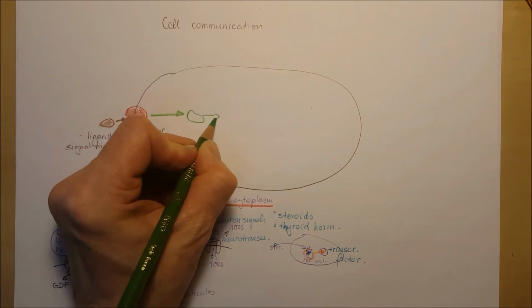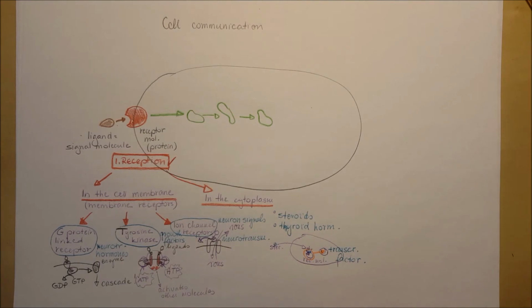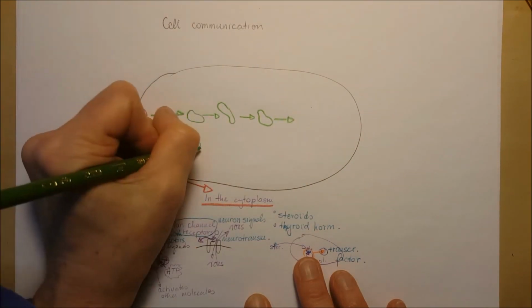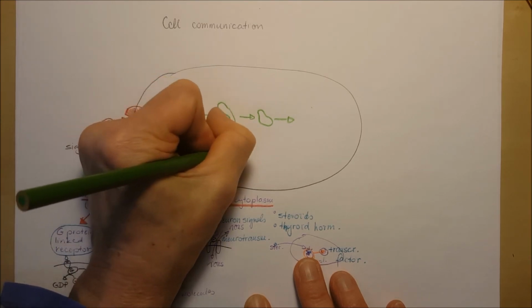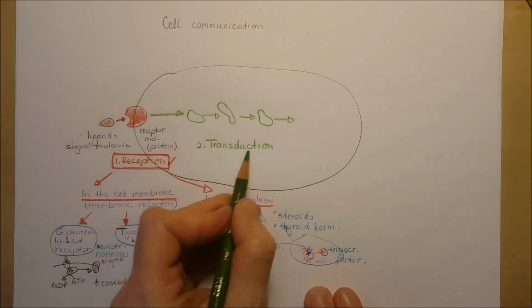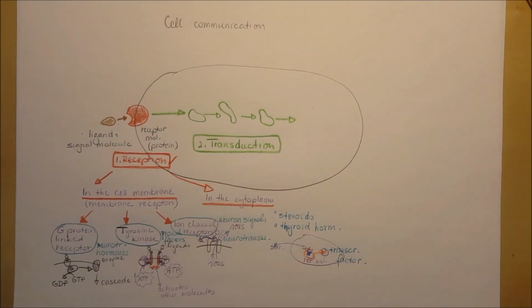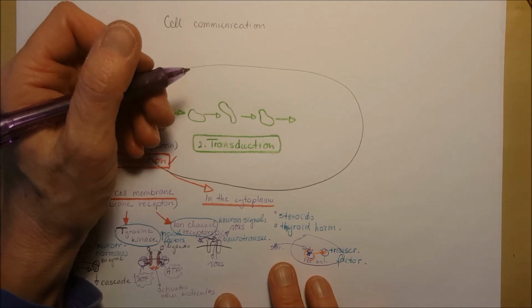Now let's talk about the next step that happens inside of the cell. These three blobs represent different molecules, proteins or other molecules, and the arrows represent many steps, and these many steps add up towards the transduction, the second step of cell signaling or cell communication.